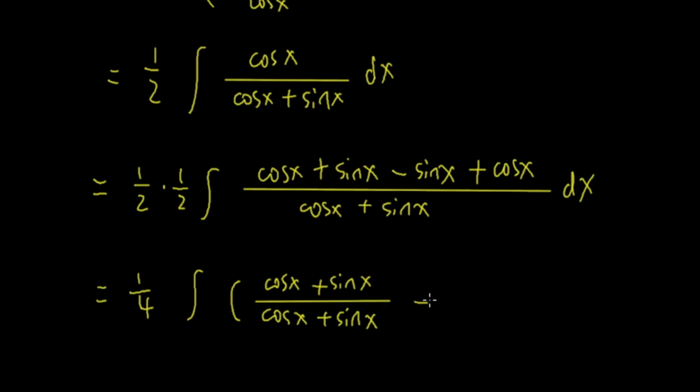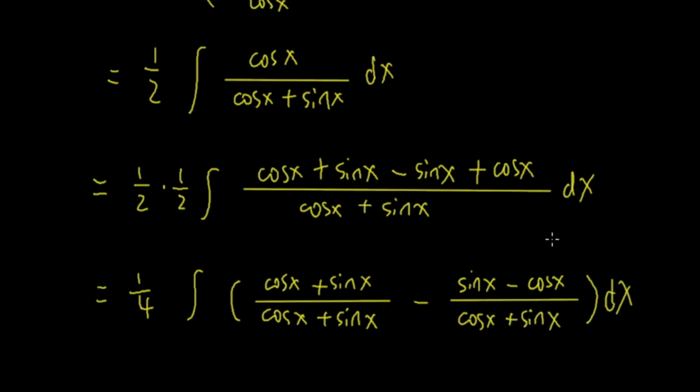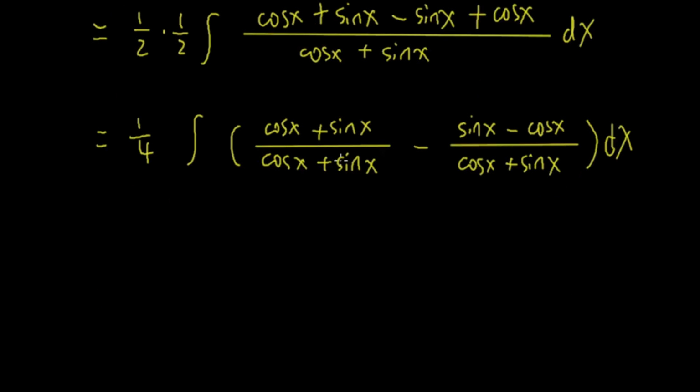So, minus sine x minus cosine x here, right? Because minus becomes plus, right? All divided by cosine x plus sine x dx. Okay, so we can see that this is just equal to 1. How about this one here?